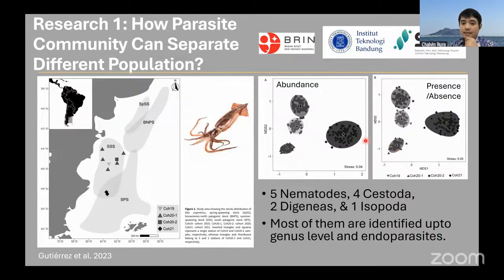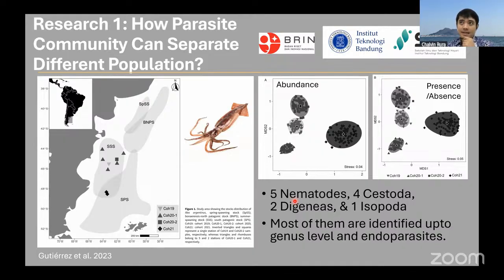and it shows that yes, there's a clear separation using parasite community, and the parasite community that they identified, there are 5 nematodes, 4 Cestoda, 2 Digenea, and 1 isopod, and most of them are identified up to genus level.